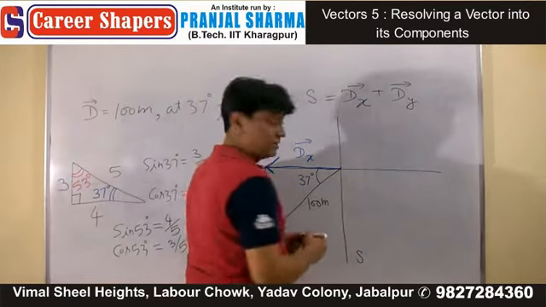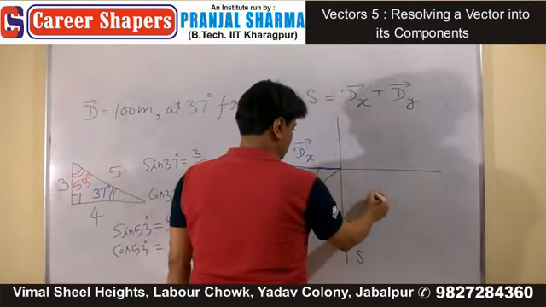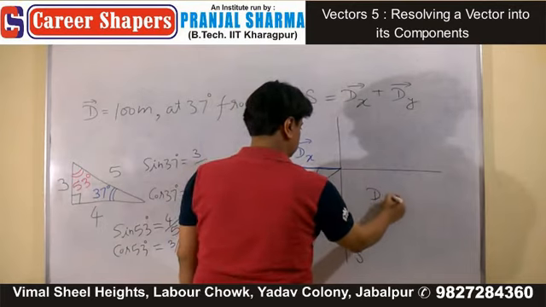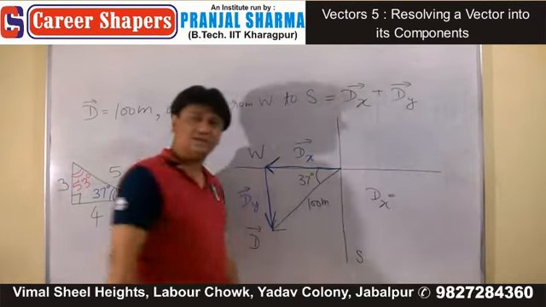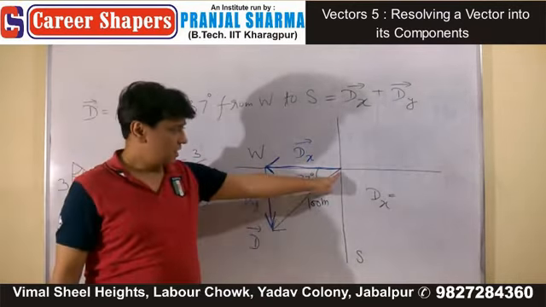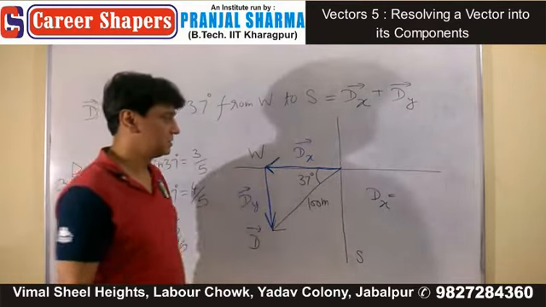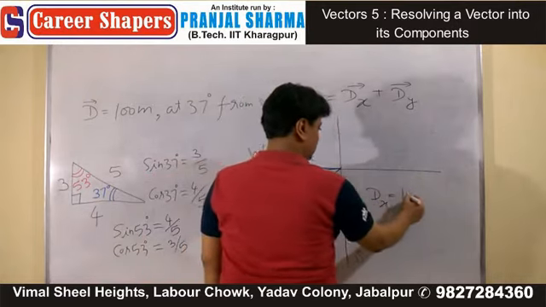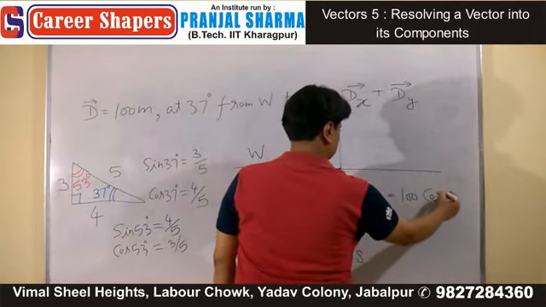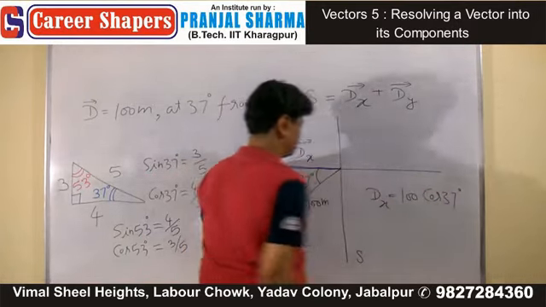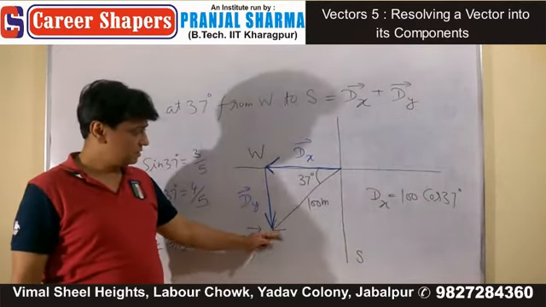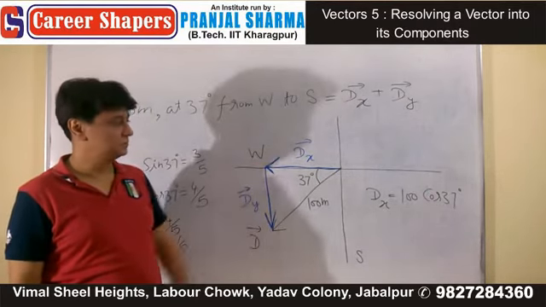And finally, what is dx? 100 base component, and therefore 100 cos 37.